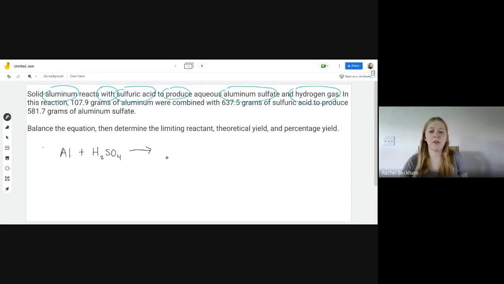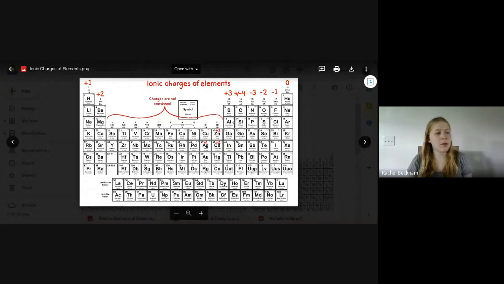It produces aluminum sulfate. Now we have this compound. It's aluminum and sulfate merged together, right? So it's going to be Al, and then we also need sulfate. We need to look up the charge of aluminum because you have to cross them over. Aluminum right here has a +3 charge based on its location.